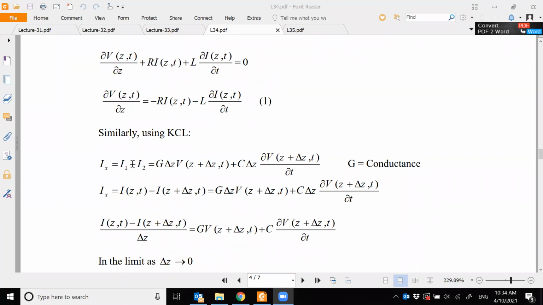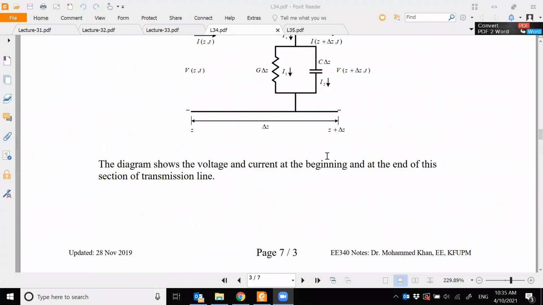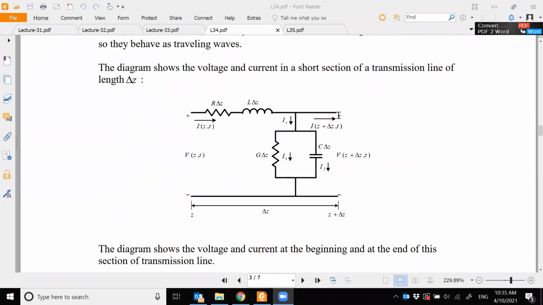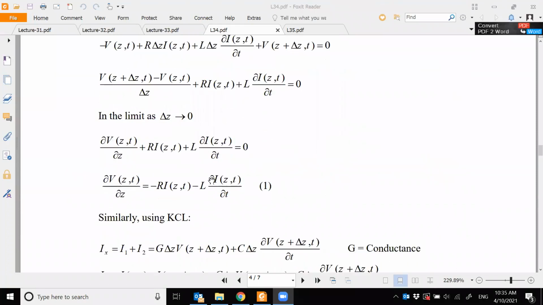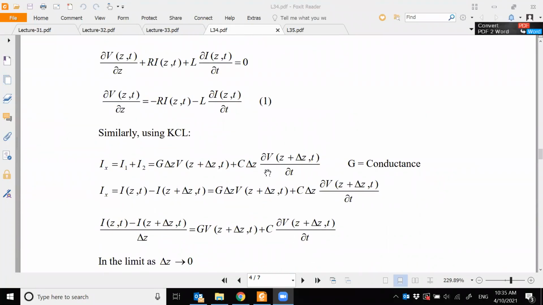First, my I1 is the capacitance current, which is C Δz ∂V(z+Δz,t)/∂t. Why? Because the voltage across this capacitor is the same as this output voltage, which is V(z+Δz,t). So that's why I'm getting I as C dV over dt.